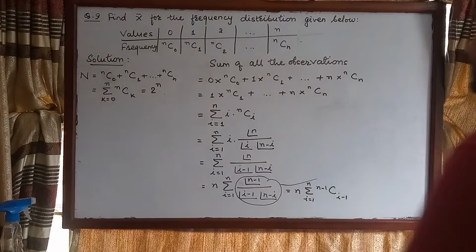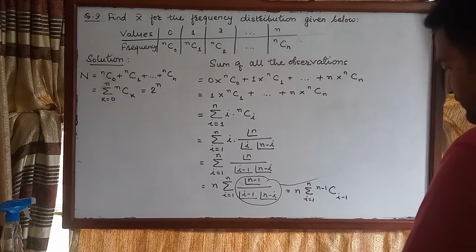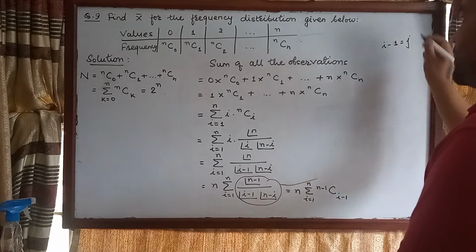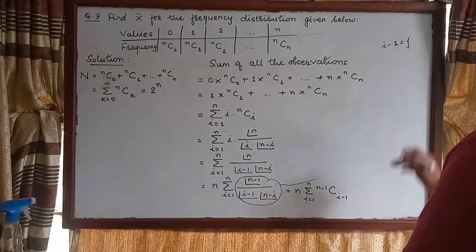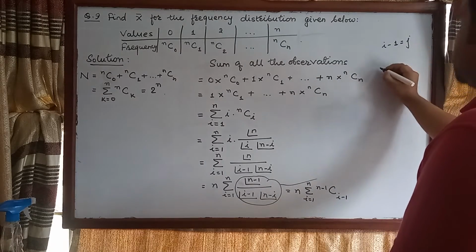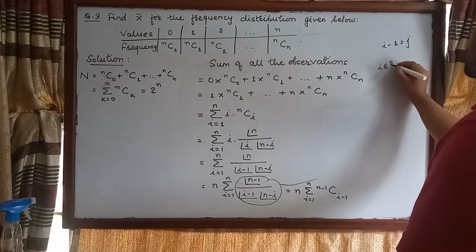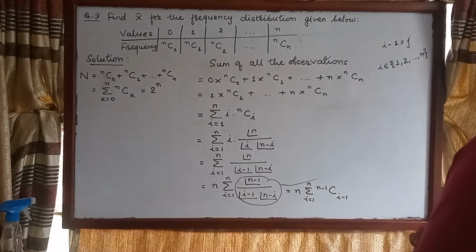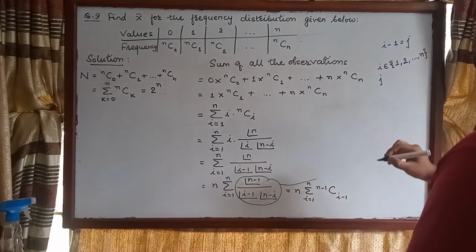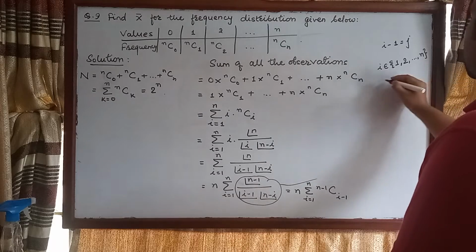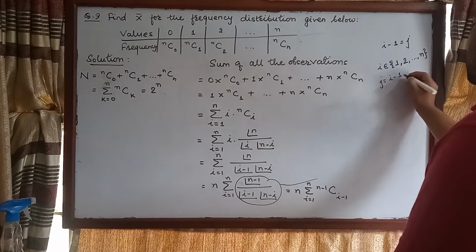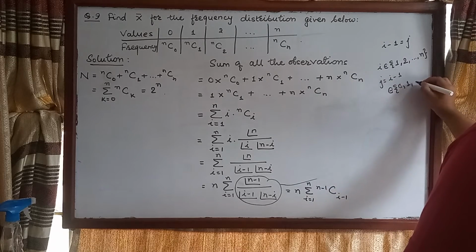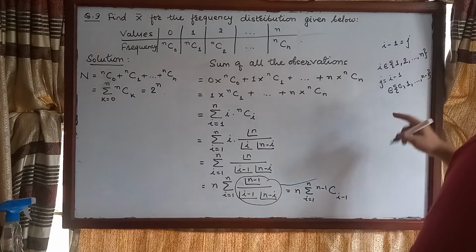Now let's change the index for a while. Let's take i minus 1 equal to j. Since i belongs to 1 to n, i minus 1 will belong to 0, 1, up to n minus 1.